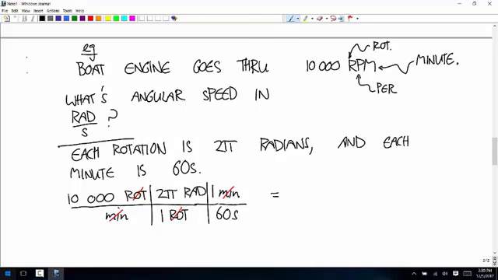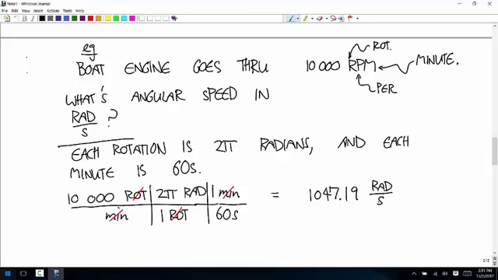Can someone divide that for me? A little over 1,000, right? 1,047 point what? Okay, that's good. So radians per second. So something going 10,000 RPM.